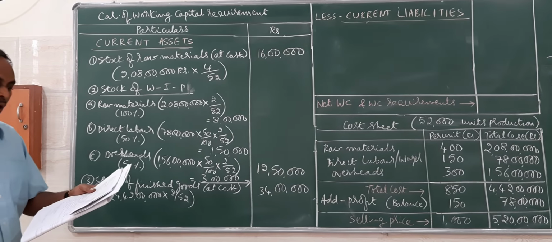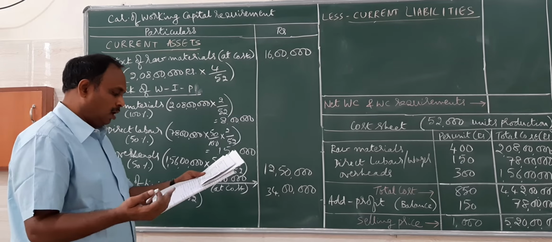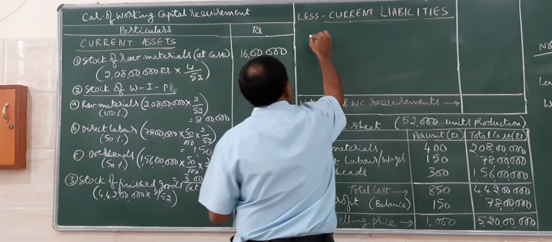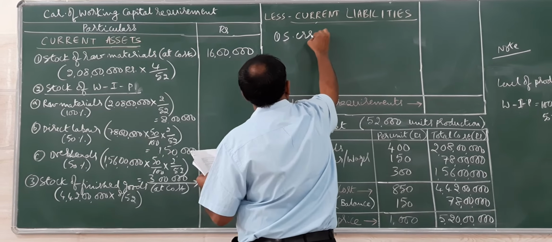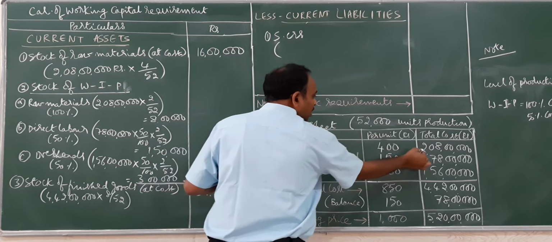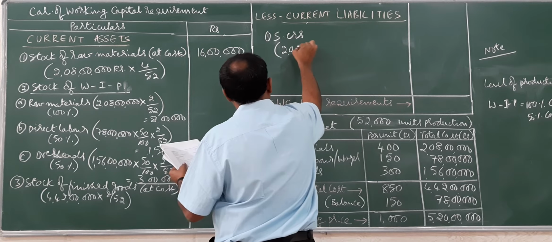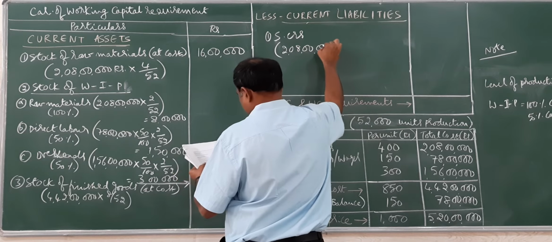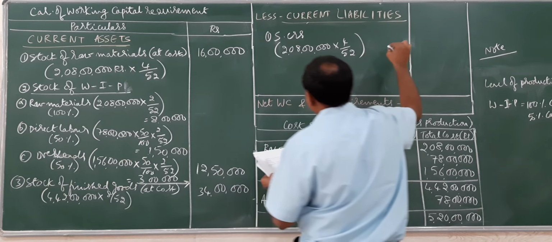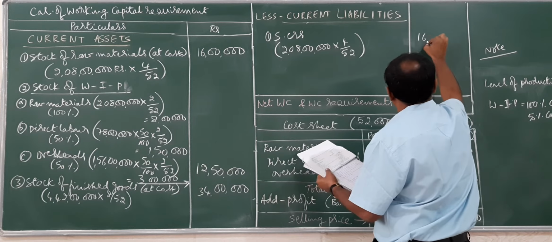Then credit allowed by suppliers. Allowed by suppliers is the creditors, sundry creditors. Sundry creditors is for raw material. Raw material total cost is 2 crore 8 lakhs for 4 weeks, and it comes to 16 lakhs.